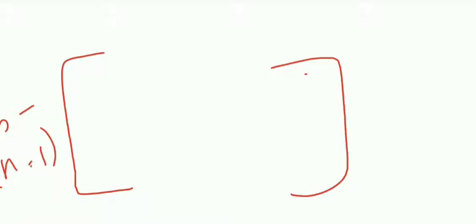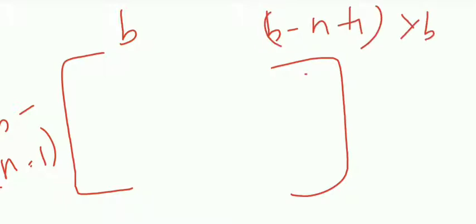Rows are representing links, columns are representing branches. So what is the order of the matrix? B minus n plus 1 cross B. This is the order of your tie-set matrix, B minus n plus 1 cross B. So row represents link, column represents branch.